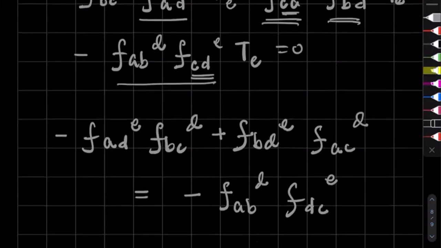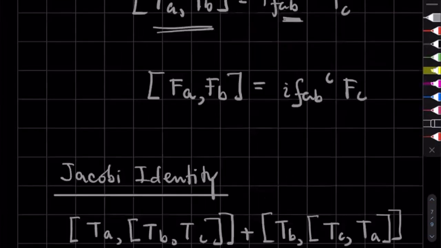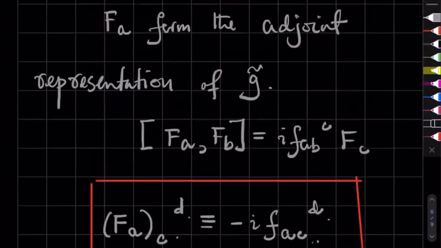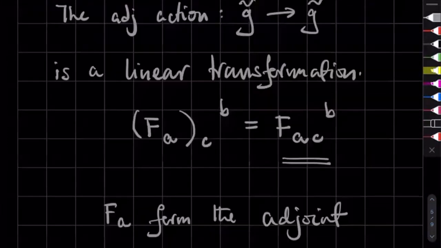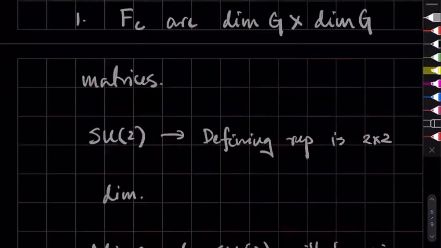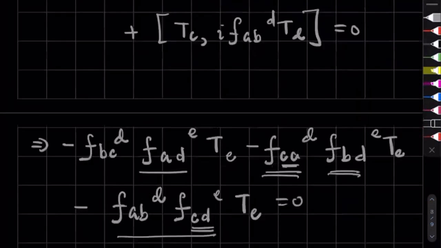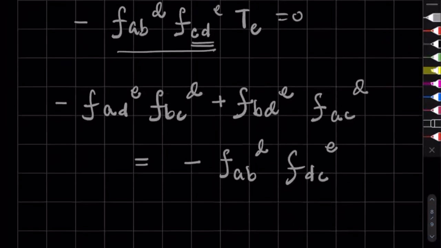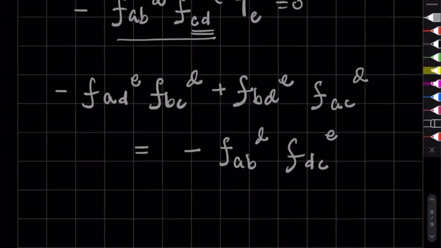Okay. And now what we do is that we go and look at our definition of f. And our definition of f was here. So if I look at my definition of f and I come back, I get two factors of i, which get rid of the minus sign.